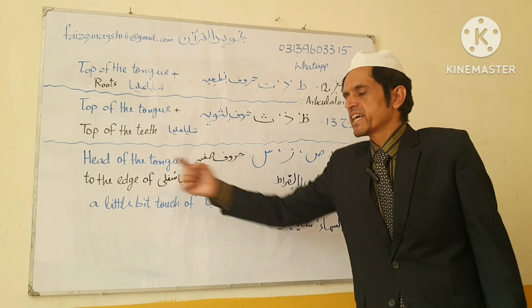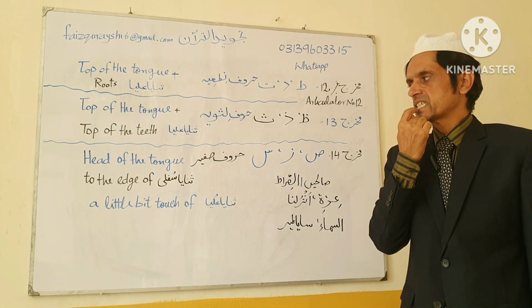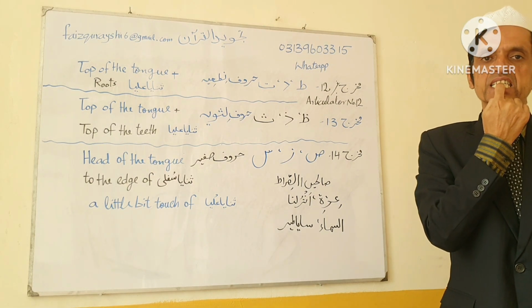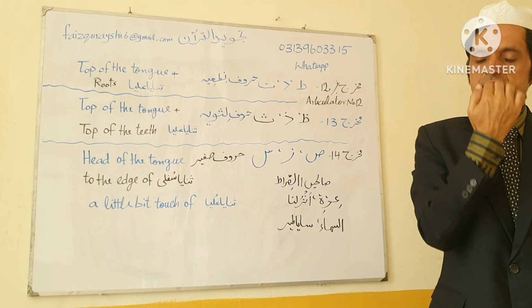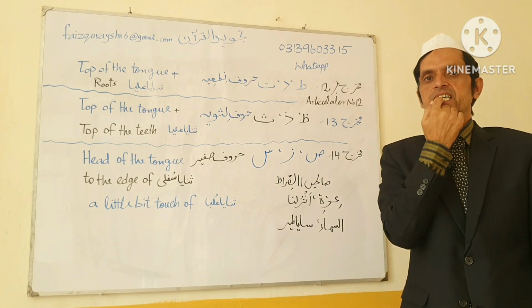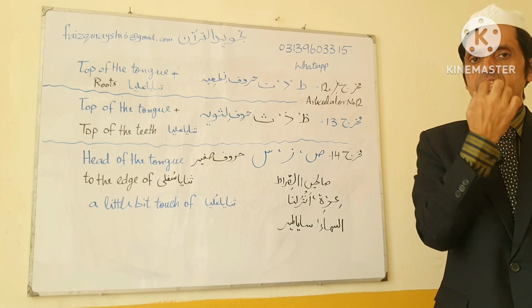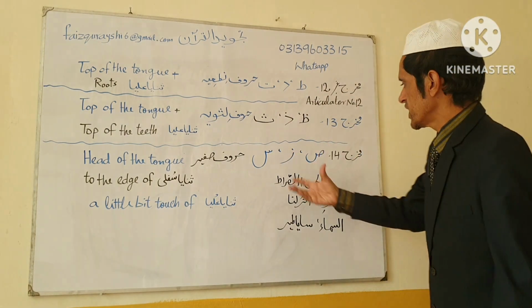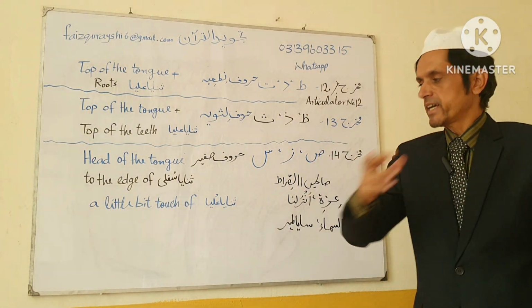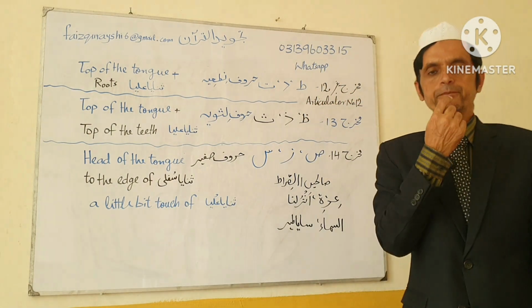When the head of the tongue touches the edge of these down teeth, thanaya sufla, we can articulate, and here there will be a little bit of touch to thanaya ulya.